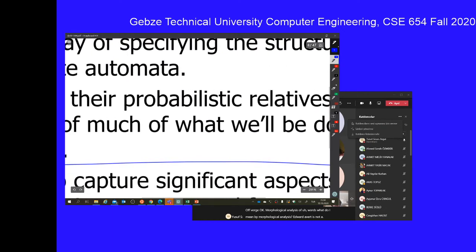Can you find this word in a Turkish dictionary? When you look at this word, you find it in the dictionary, right?